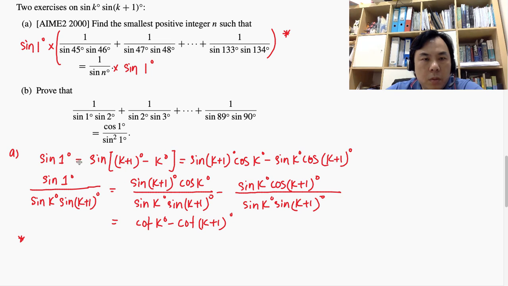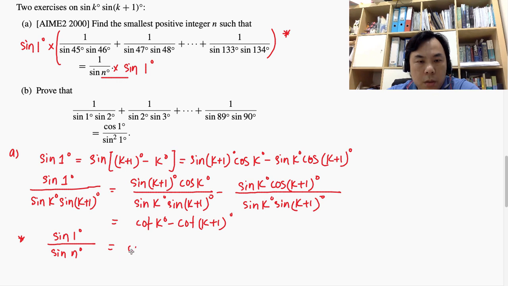So from this one, we can actually write sine 1 degree over sine n degree, which is this one here, would be the same as cotangent 45 degree minus cotangent 46 degree.